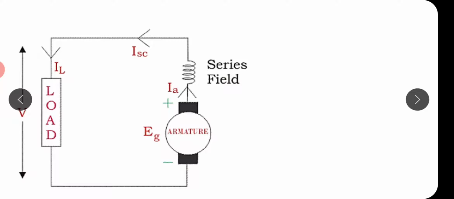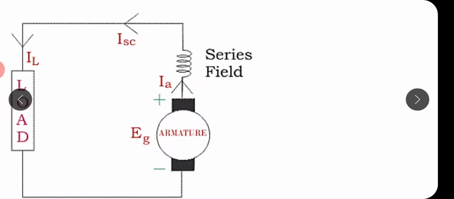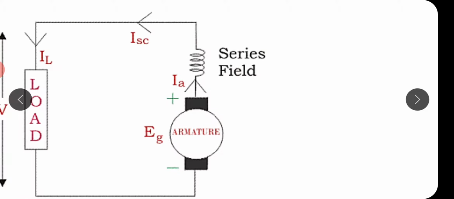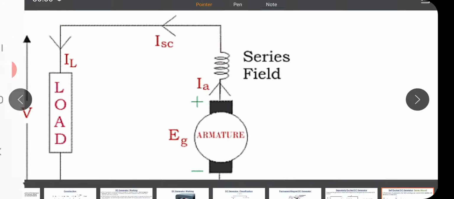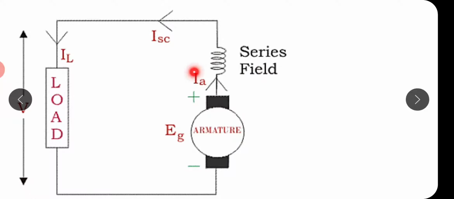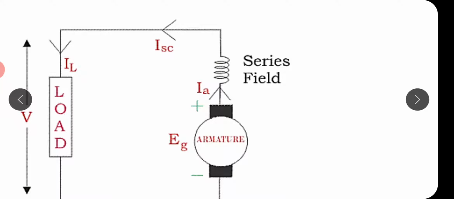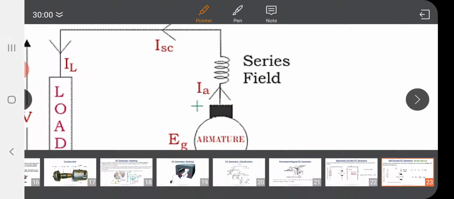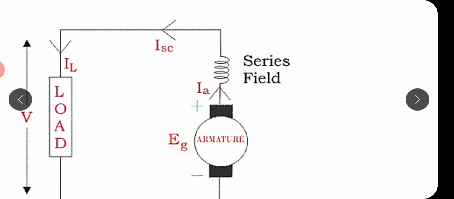Here Eg is the generated EMF, V is the load voltage, and as everything is connected in series, the armature current is the series winding current and it is the load current.